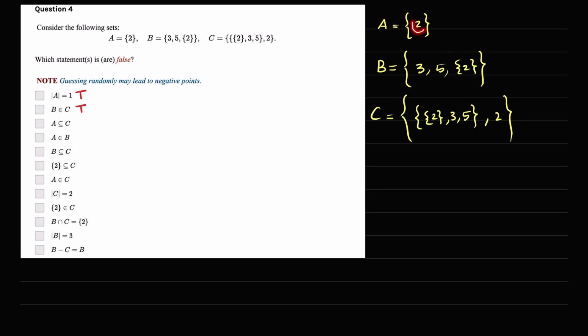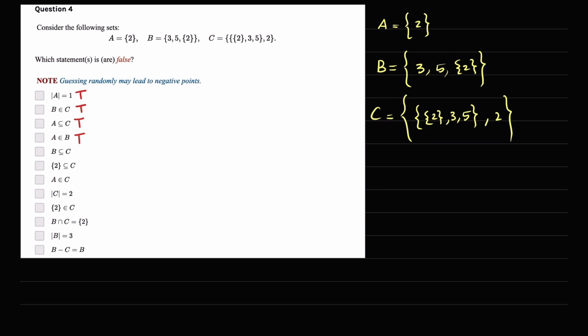Because the only element of A, which is 2, is an element of C. And this means that A is a subset of C is a true statement. So that is also true, and we shouldn't choose it. The next one tells me A belongs to B. And that is also true, because A is this whole expression, and you see that it appears as one single element of B. So A belongs to B is also true.